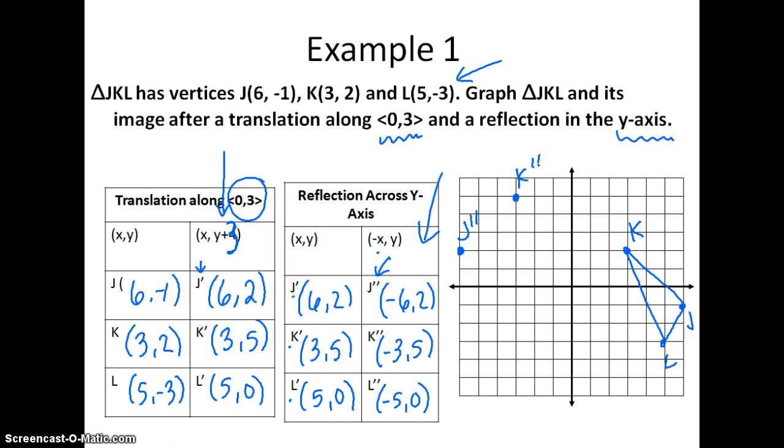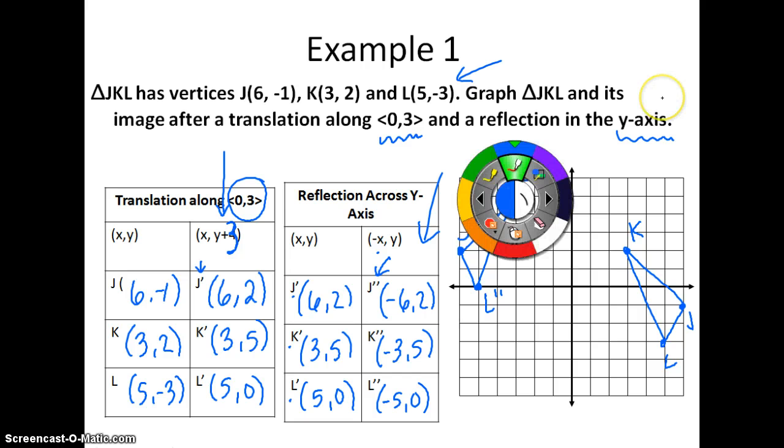And L double prime is -5, 0. The figure should not look like a completely different figure. It should just look like it's changed position or that it's flipped around. But it should still look like the same triangle.